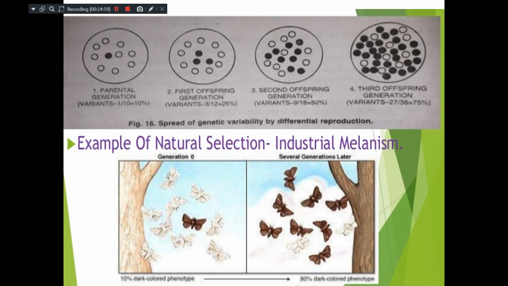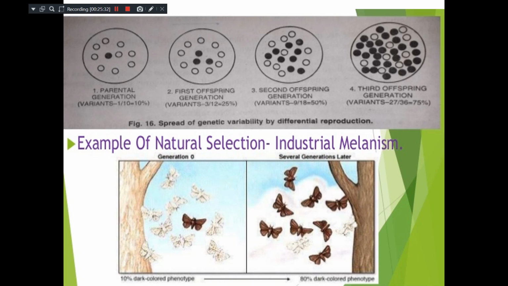There were very plenty of grey colored pepper moths, whereas the dark colored pepper moths were very few. In the parental generation, almost 10% were black colored pepper moths. 90% were the grey colored.